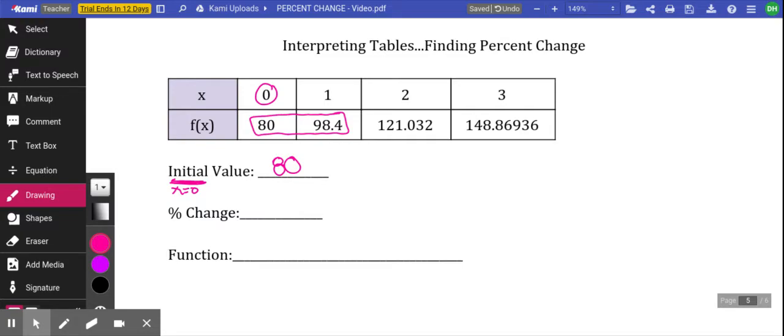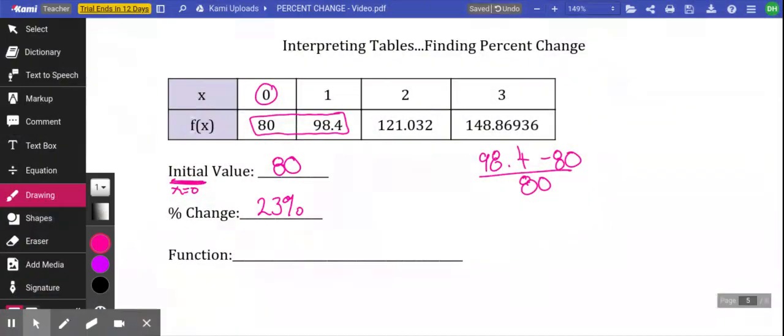And remember, it's new minus old divided by old. All right, let's type that in the calculator. So we've got ourselves 98.4 minus 80. And then we'll divide that answer by 80. So I got 0.23. So we got 23%. All right.